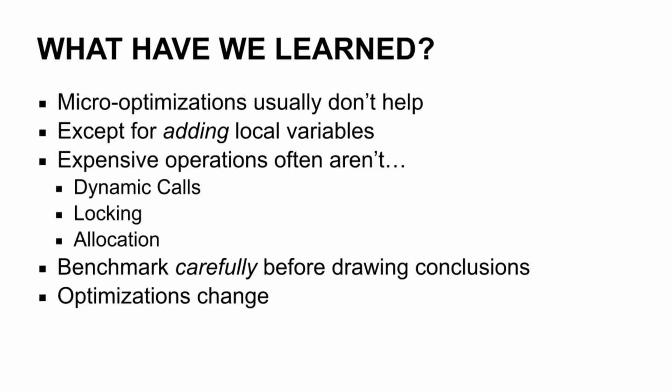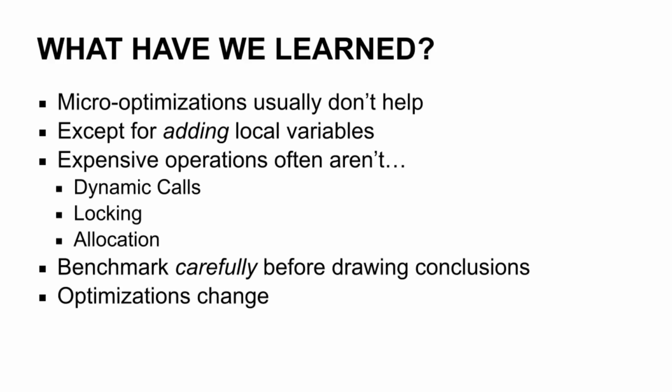So what have we learned in this series? Well, we've learned that micro-optimizations, honestly, usually don't help. If it's something small that could be done mechanically, the compiler probably already knows how to do it, and it probably does it in a better way than you could, and it does it everywhere. However, there are things it can't do, like switching between using heap variables and local variables.